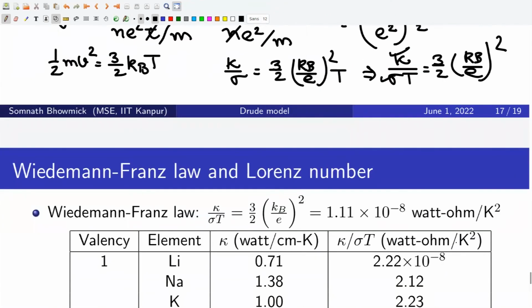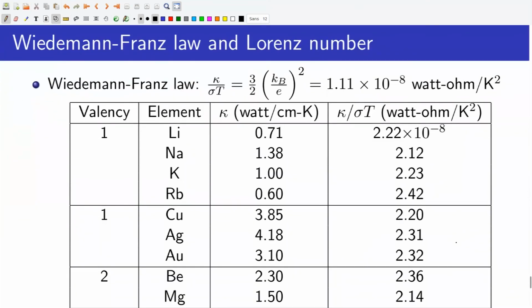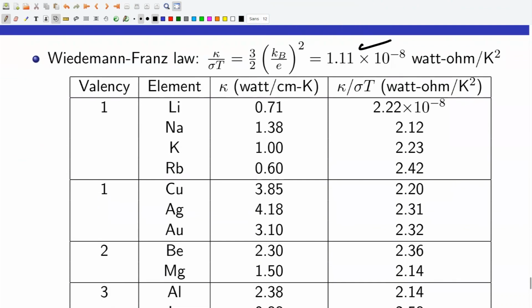Okay, now if you calculate this Lorenz number, ideally the Lorenz number from the Drude model turns out to be 1.11 times 10⁻⁸ watt ohm per Kelvin square. And now if you calculate kappa and sigma in experiment, then that ratio turns out to be 2.22 times 10⁻⁸.